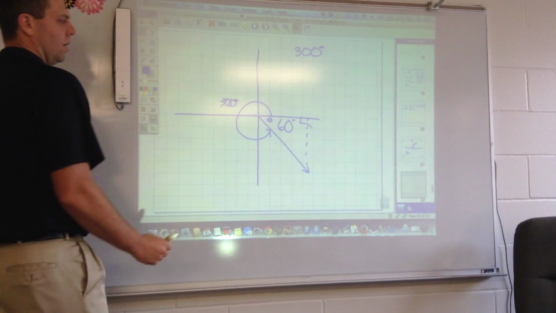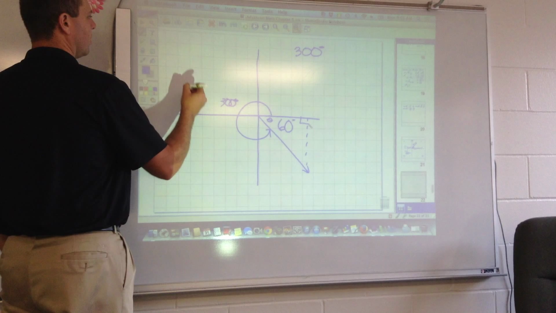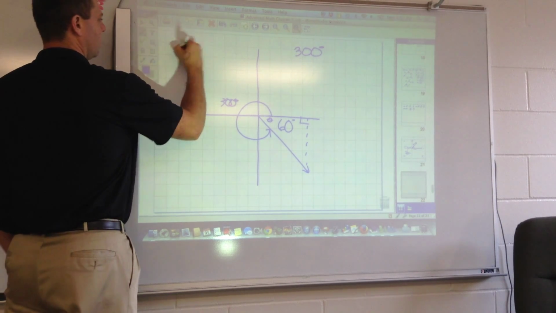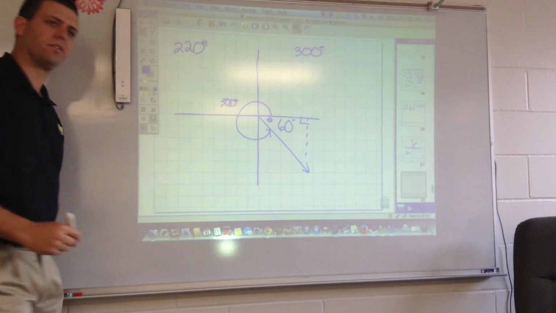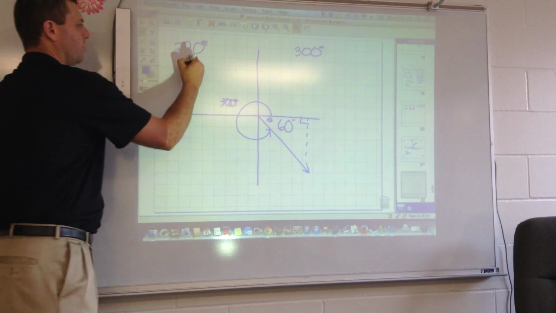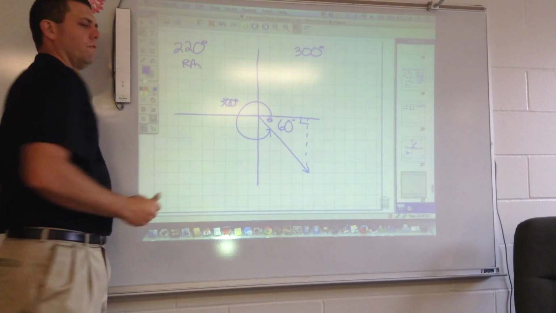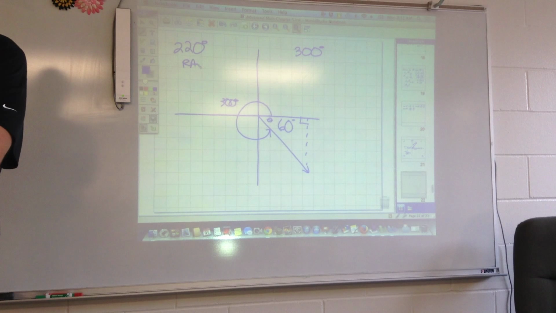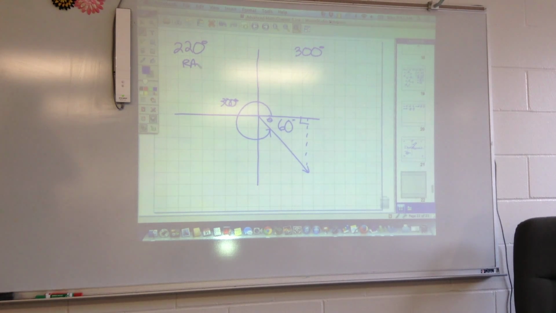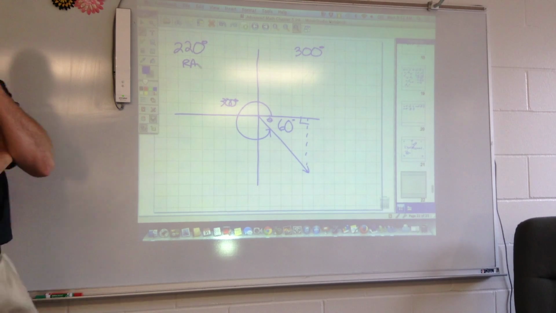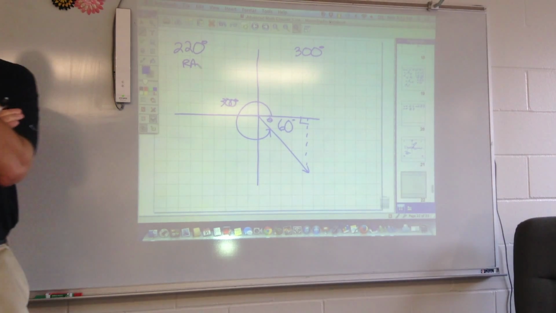Okay. Without drawing a picture, what's the reference angle for 220 degrees? 140. What's the reference angle for 220 degrees? Just kidding. I hear a 40. Maybe a 40. Yeah. What quadrant is 220 in?